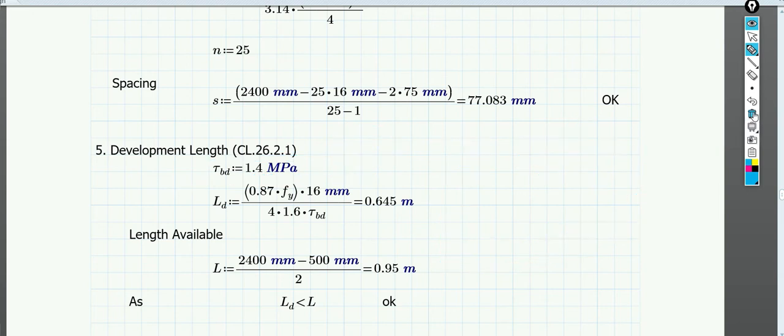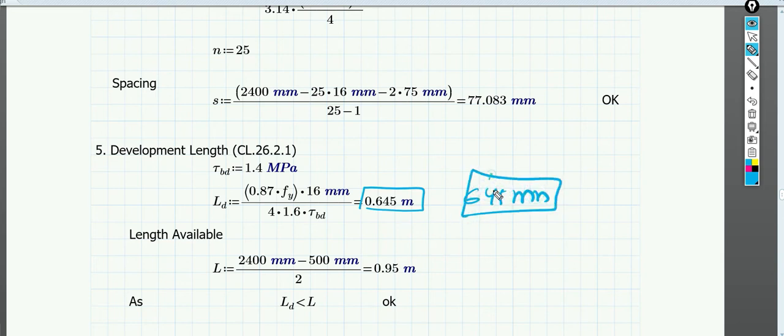So you can remember, or you can revisit the code clause 26.2.1 of IS 456. There you will get everything, and we have already discussed it in your previous class or previous semester. So if you put the values, the development length comes out to be around 645 mm.